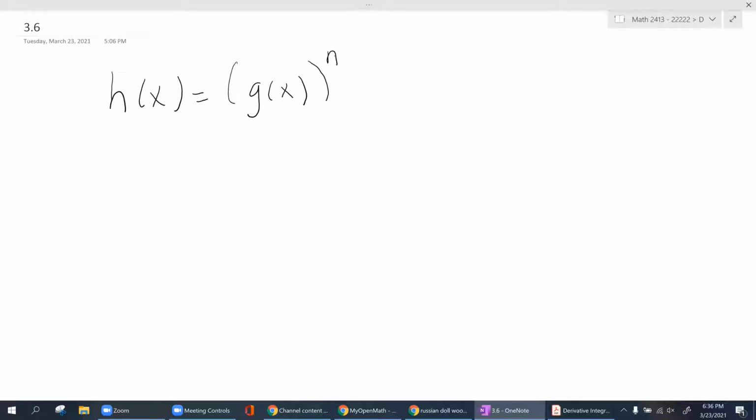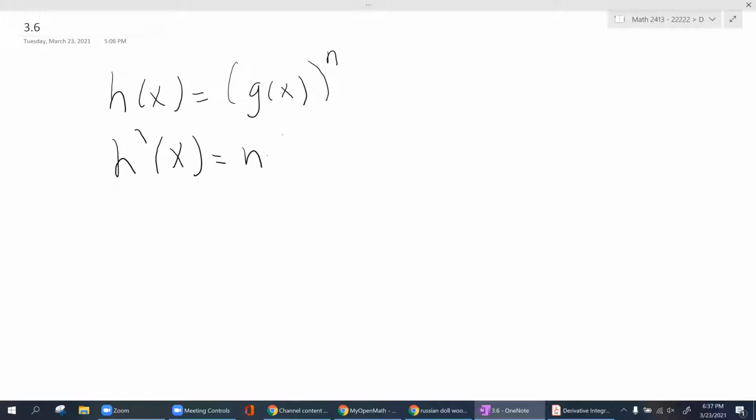You can say that this is an extension of the power rule that we learned in the previous section. To take the derivative, you bring down this n, just like the power rule.